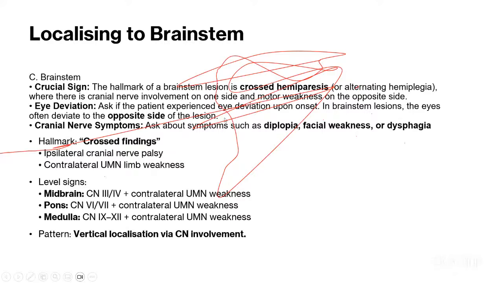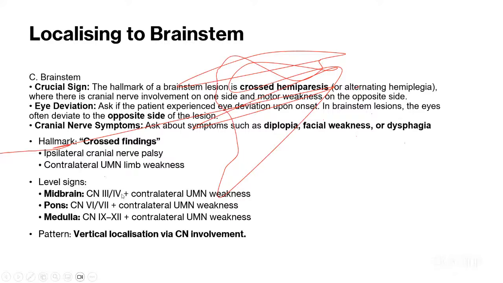If the patient experiences eye deviation upon onset, in brainstem lesions the eyes most likely deviate to the opposite side of the lesion. Any cranial nerve symptoms, diplopia, facial weakness, dysphagia, also localize to the brainstem. The hallmark of the brainstem lesion is crossed findings: ipsilateral cranial nerve and contralateral UMN. A small, easy way to memorize.